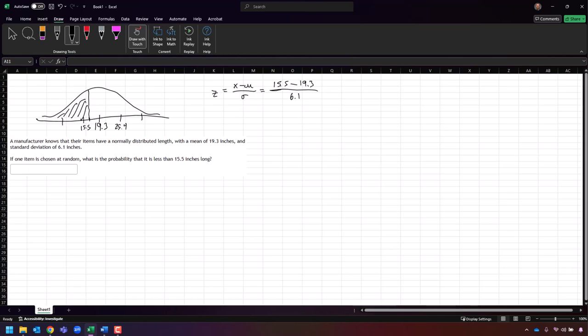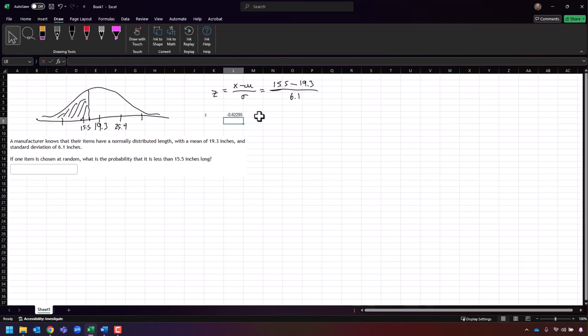Now I'm going to do that same thing, but have Excel do the work to find me a z-score here. So I'm going to have z equals, with some parentheses, 15.5 minus 19.3 over 6.1.